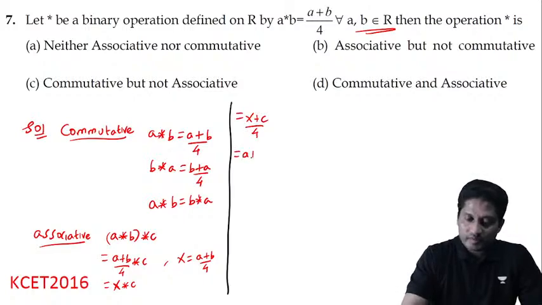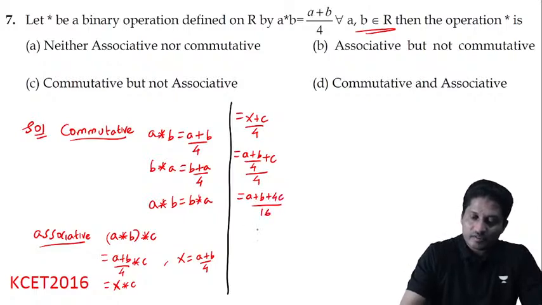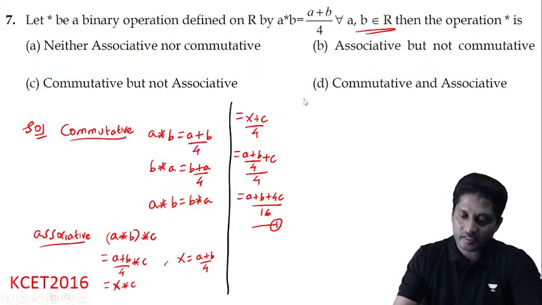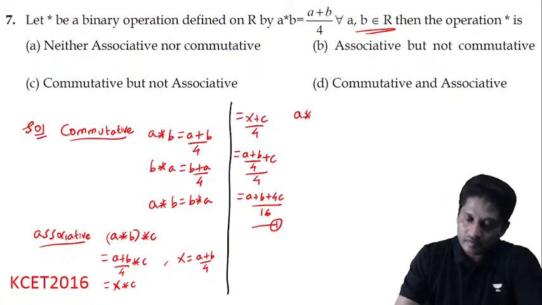The value of X is A plus B by 4, plus C divided by 4, equal to A plus B plus 4C divided by 16. Call it equation 1.